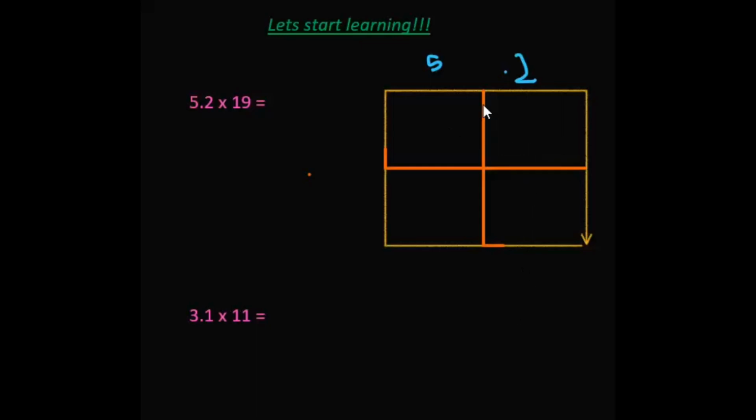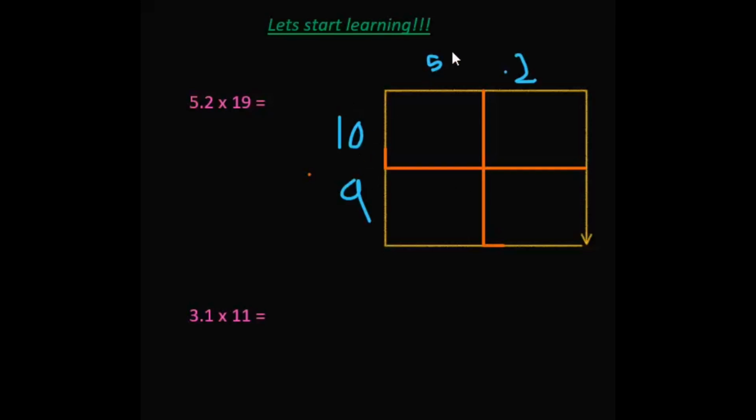Now I'm going to move on to the 19. Let's split 19 by place value, which is 10 and 9. The 10 goes next to this row of boxes, and the 9 goes in this row of boxes. Now let's start multiplying.